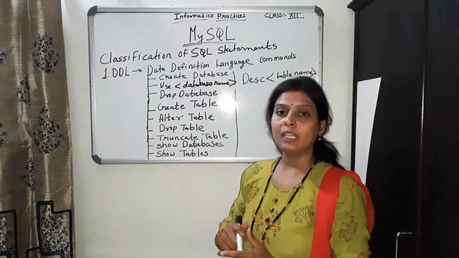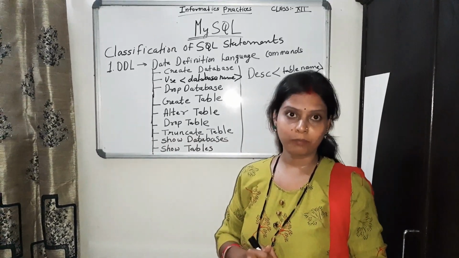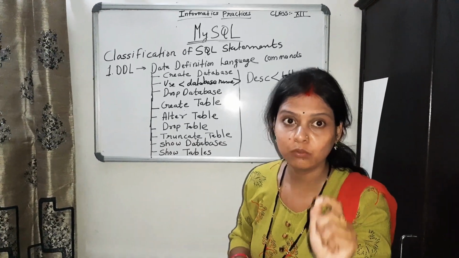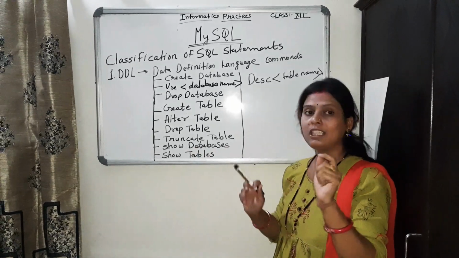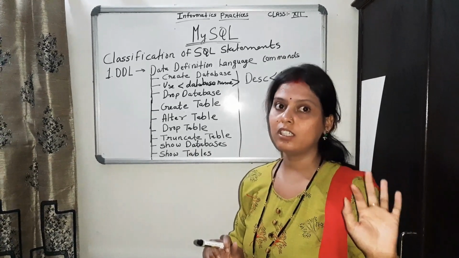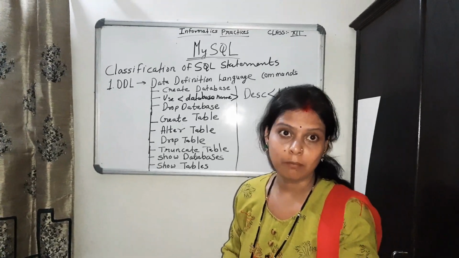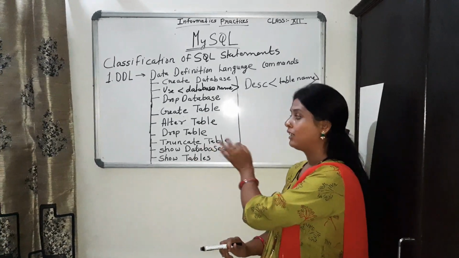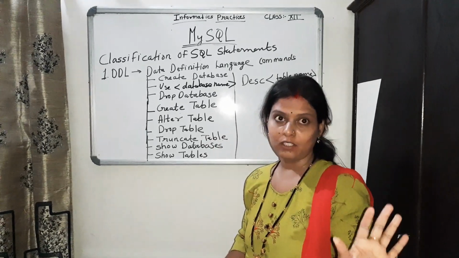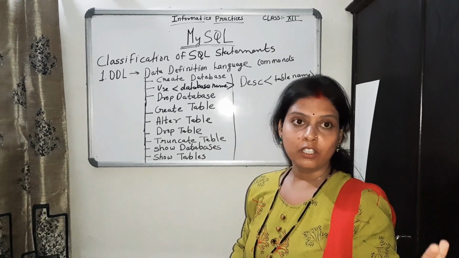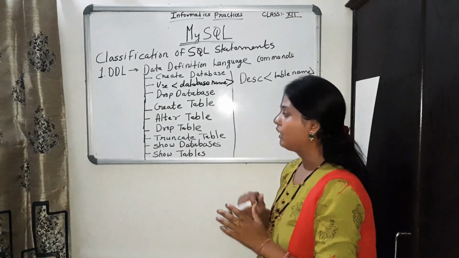The truncate table command works similar to drop table, but what is the difference? The difference is that truncate table deletes only the inserted records. It does not delete the structure of a table. In memory, the structure of the table exists, only the inserted records are deleted in truncate table.